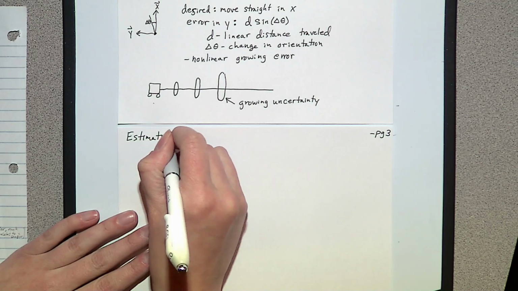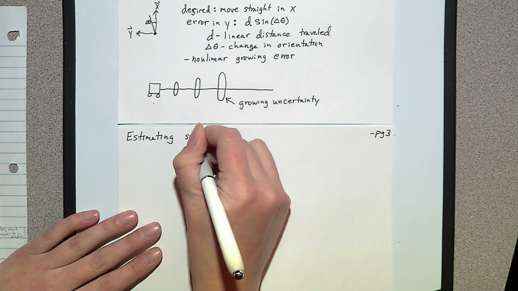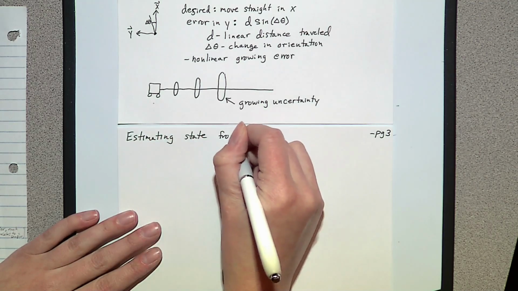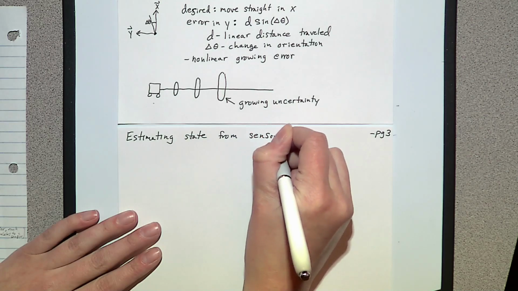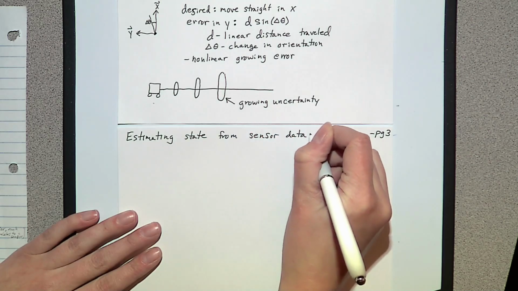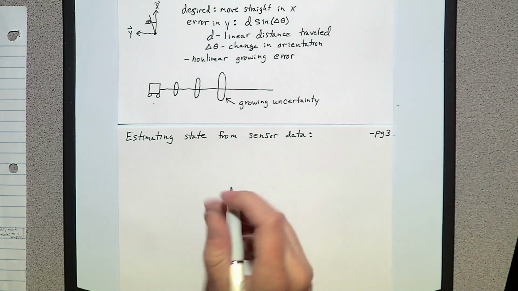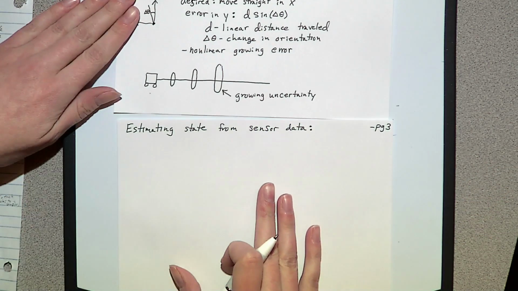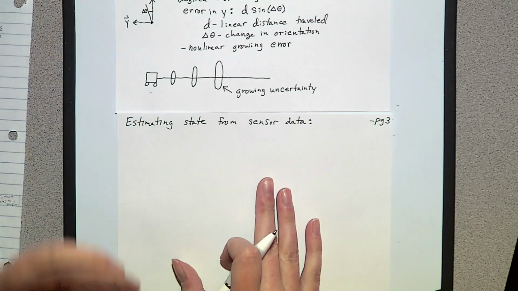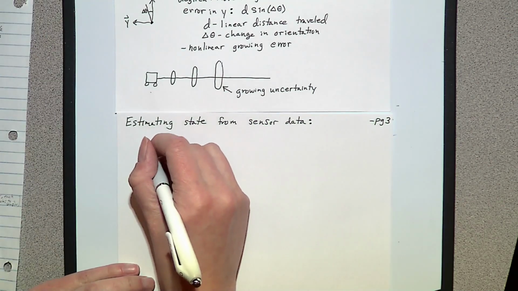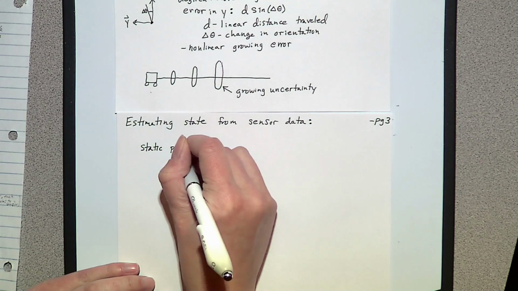Now we'll talk about estimating the state from sensor data. So there's a few different scenarios that we could have. We could have the static problem.